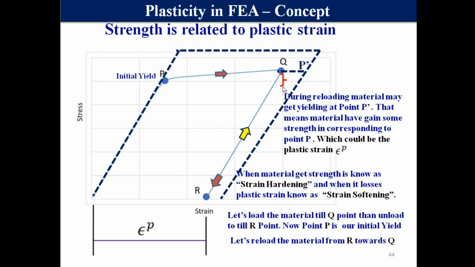When the material gains strength, it is known as strain hardening. When the material loses strength, it is known as strain softening. So in the next cycle we observed that the material gained some strength towards the yield point. That's why we call this phenomenon strain hardening.